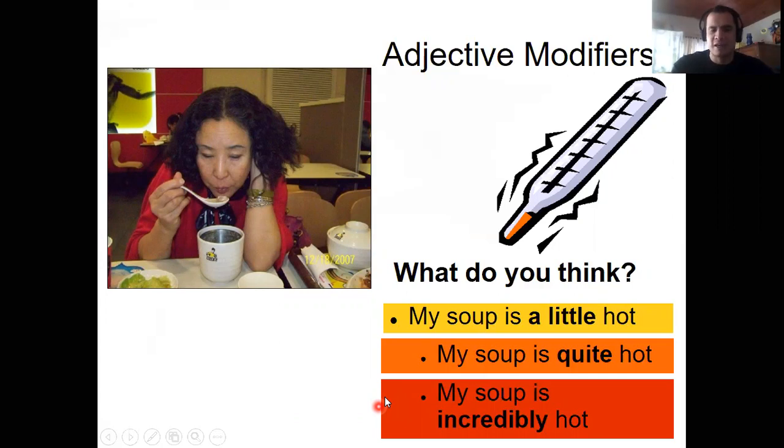What is the, I don't know, the meaning of? Un estudiante me va a buscar a little. Otro estudiante me va a buscar quite. Y otro me va a buscar incredible. Incredible. Increíble. Very good. Increíblemente caliente.